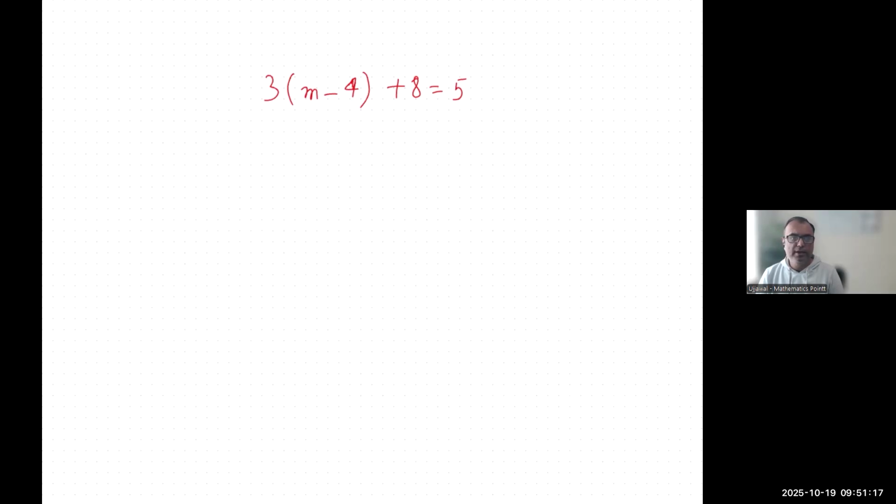M is not 1, m is not minus 1, m is 3. Okay, let's solve it together. Hold on. Stop solving. Let's try to do it together. Don't worry, it's okay. All of you tell me first, which number on the left-hand side would you try to get rid of first?